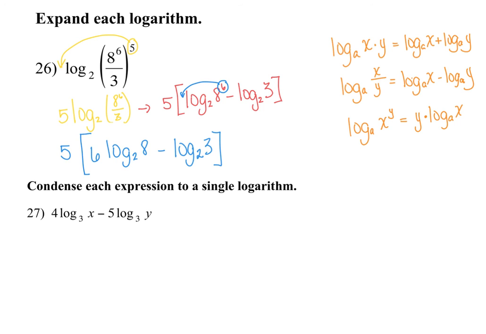And then that 5 goes to both of them. So you can actually just distribute this 5 to each log. So your final here, and I'm not going to make you do what your answer key shows. You can just leave it in expanded form. Technically 2 is to the 3rd power, so you could replace that logarithm with the 3, but this is your expansion. 30 log base 2 of 8 minus 5 log base 2 of 3.